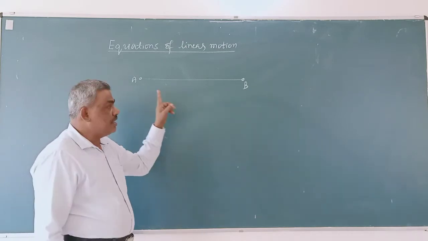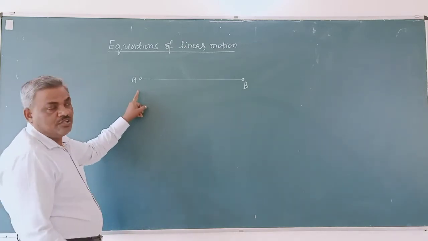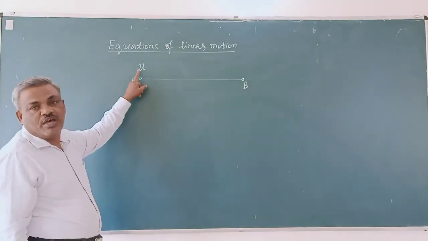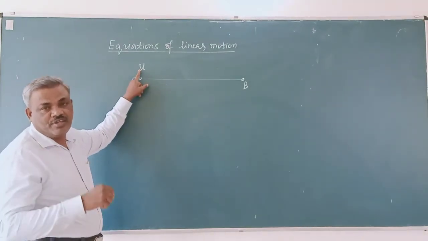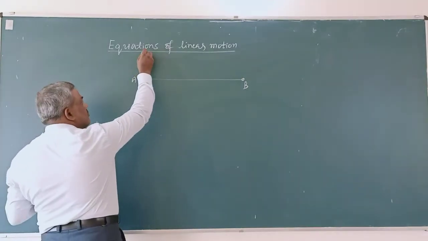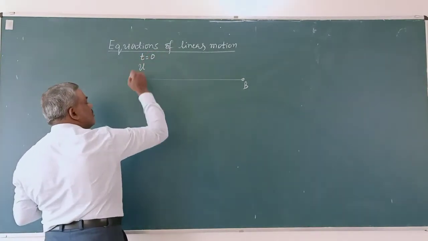The body at A has initial position and initial velocity U. U is the initial velocity, the beginning velocity, at initial time t equals 0 second.